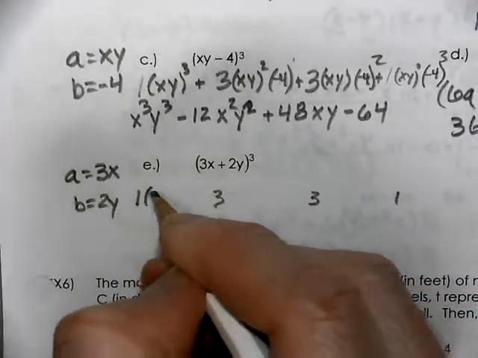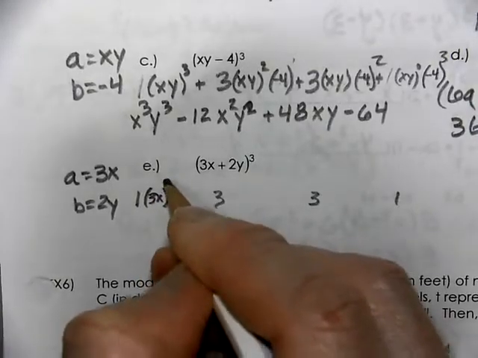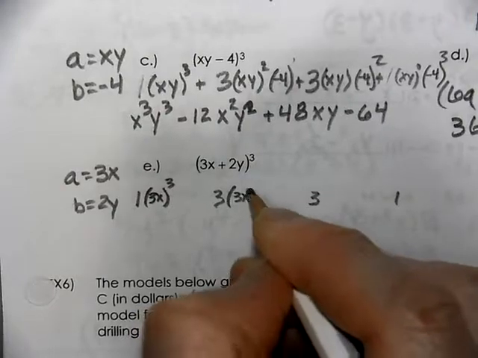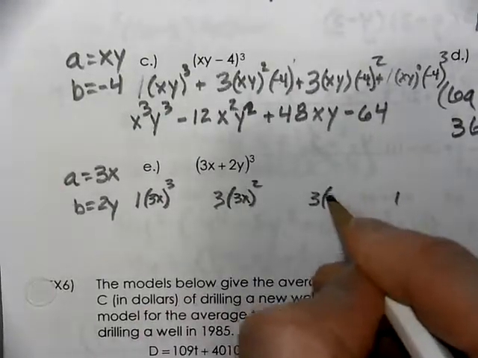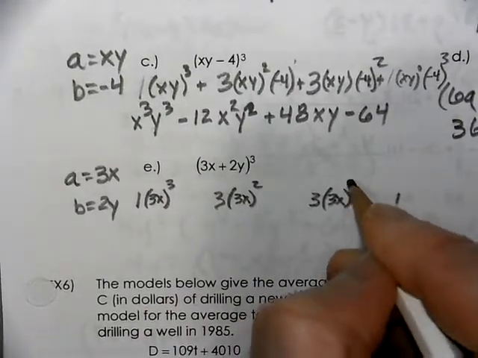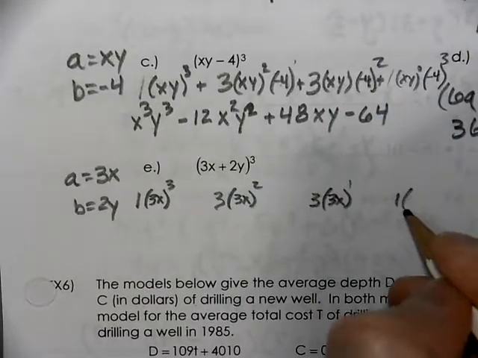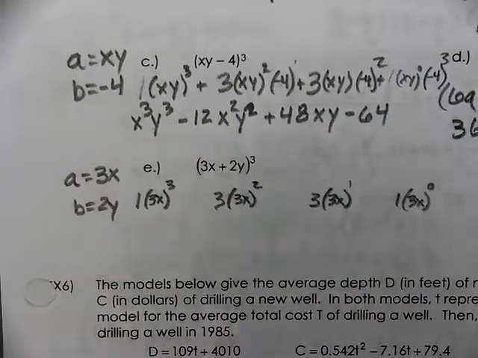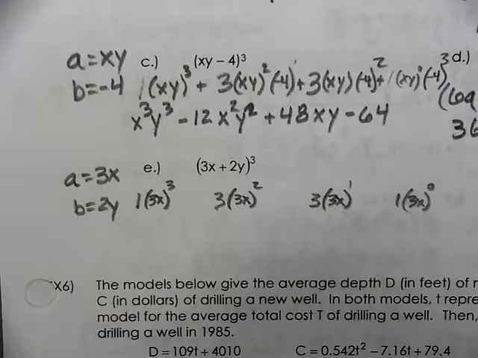Take your a value, which is 3x, and cube it. Take your a value and square it. Take your a value to the first power and your a value to the 0 power. You know to the 0 power is just a value of 1. So now that's really 1 times 1.